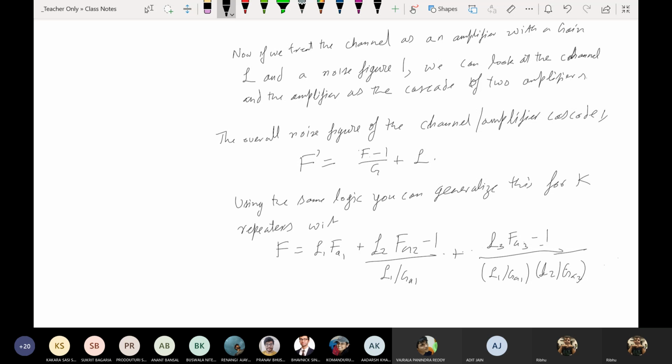Okay, so these are just formulas, you can look these up, and these are not hard to derive as well.